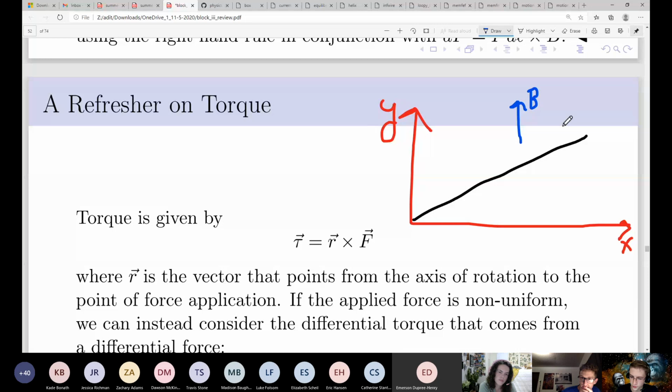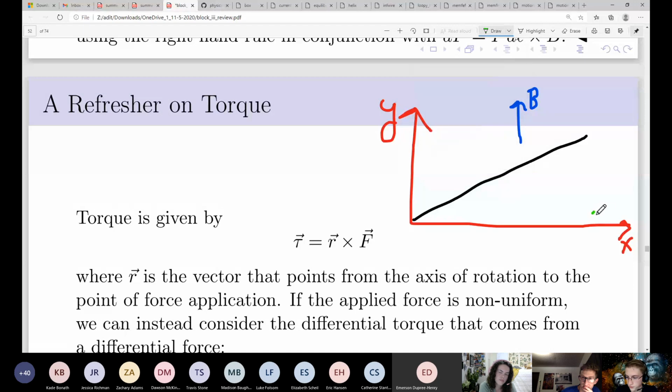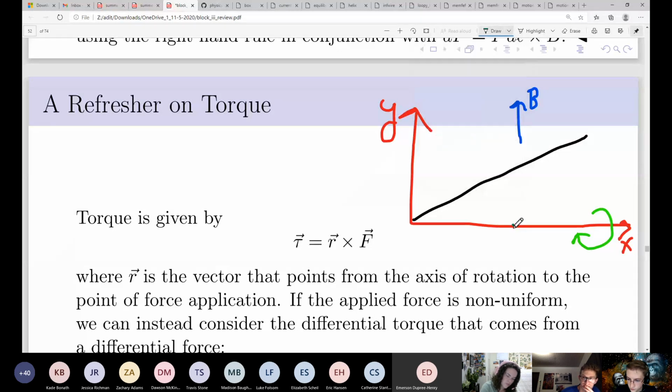And I can't remember how the wire was free to rotate. It might have been around the z-axis, it might have been about the x-axis, but regardless, the r vector is always just going to point from the axis of rotation. Let's say it was rotating about the x-axis, so kind of like that. Which would mean that my r vector would need to point from the x-axis up to the point where force is being applied, and force is being applied on the wire.